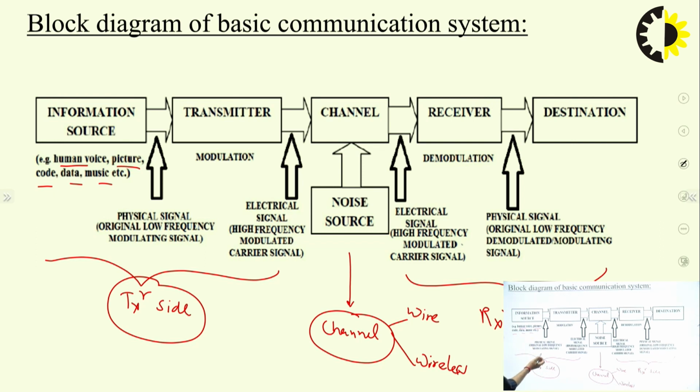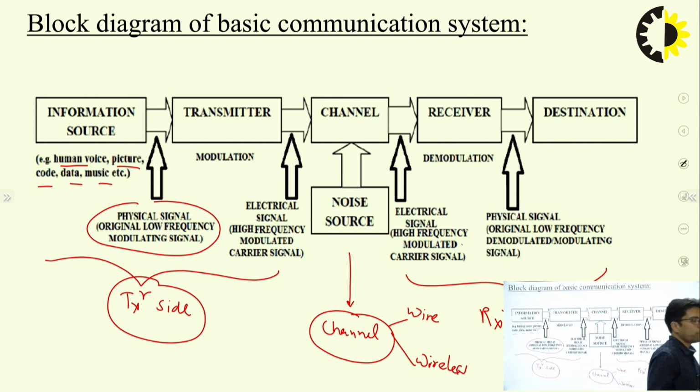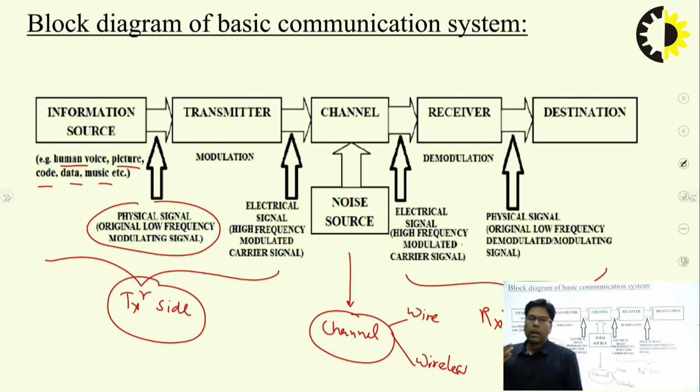By default these signals are physical signals. These signals are in the low frequency range, because a message signal, or we can say a modulating signal, is a low frequency signal.